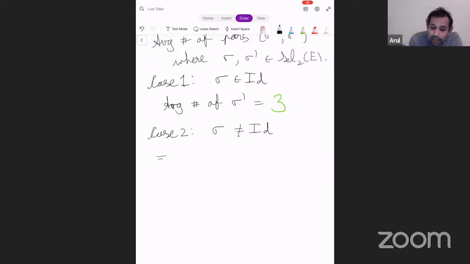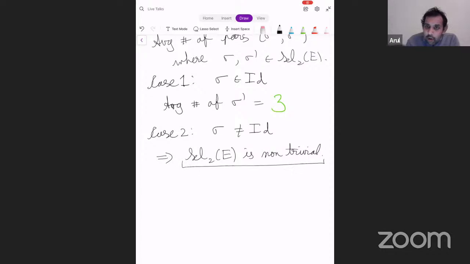If sigma is not the identity, it implies that the two-Selmer group of E is non-trivial, because remember, sigma is an element in the two-Selmer group of E. Now, the two-Selmer group is a two-torsion group, which could be trivial or non-trivial. However, if sigma is not the identity element, then we know that this two-Selmer group is non-trivial.